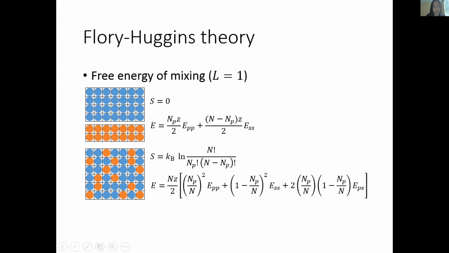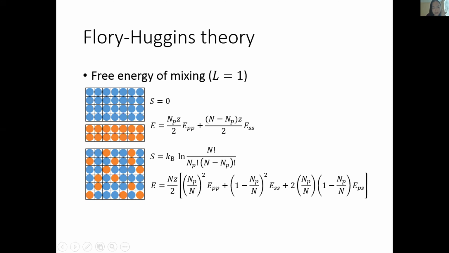So each polymer effectively has Z over 2 bonds, and N_P polymers means we have N_P times Z over 2 bonds. That's why we have this term. Similarly, N minus N_P is the number of solvents, so the number of solvents times Z over 2 is the number of neighboring pairs for the solvent molecules. And in total, we have N times Z over 2 neighboring pairs.